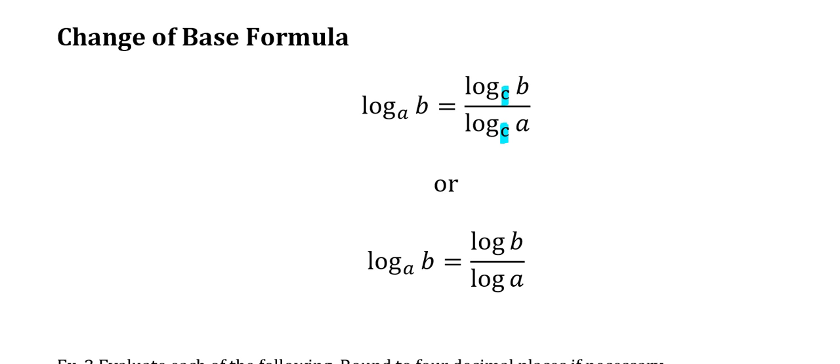You can't choose a different base on top than on bottom. Or it could just be 10. So if you have a calculator that you can't change the base on, this is how you would do it.